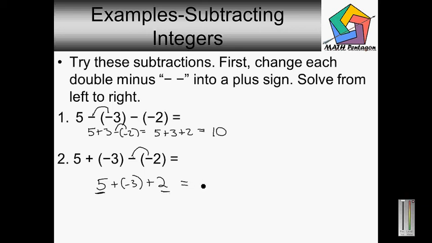So 5 plus 2 is 7, plus the -3. Our largest number here is 7, so our answer is going to be positive. So this is like saying 7 minus 3, and our answer is 4. So the answer is positive 4.